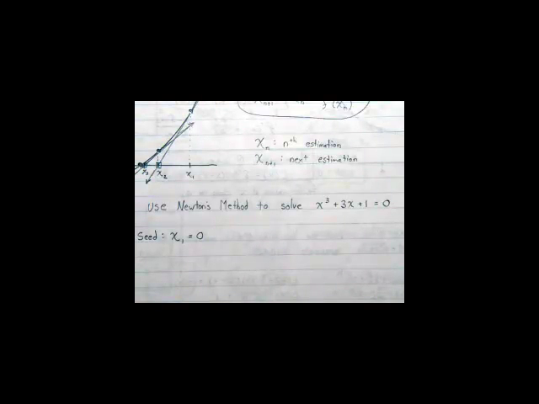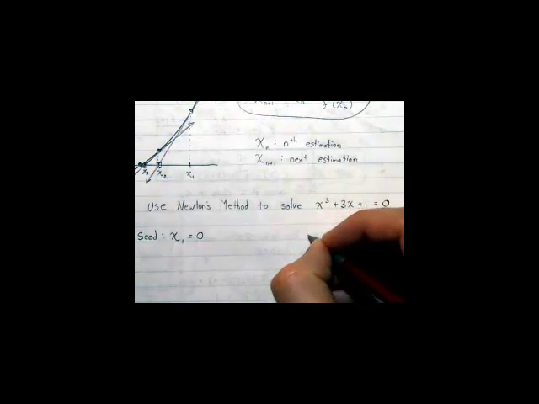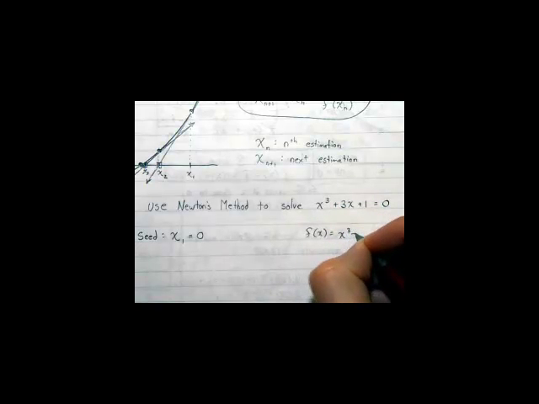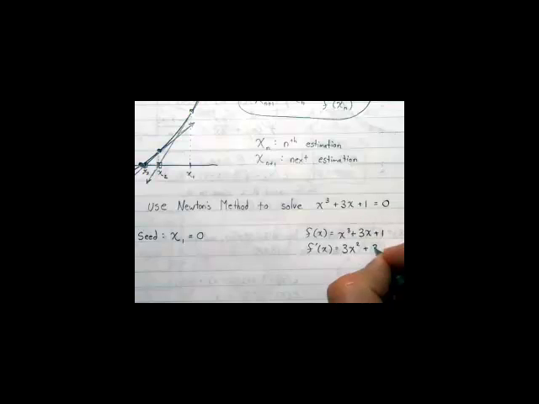Okay. So does the name make sense why it's called a seed? Seed is where things begin. That's the beginning part, yeah. So, all right. Our f of x is x to the third plus 3x plus 1. f prime of x is 3x squared plus 3.